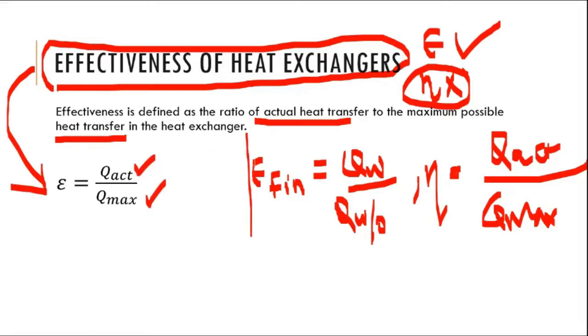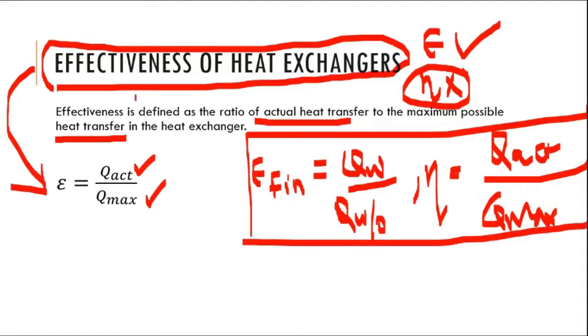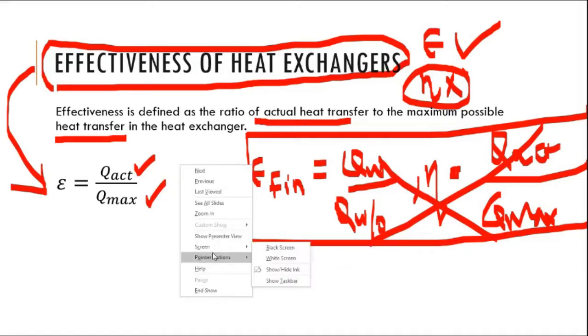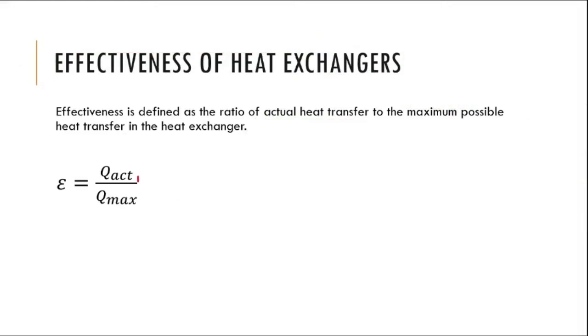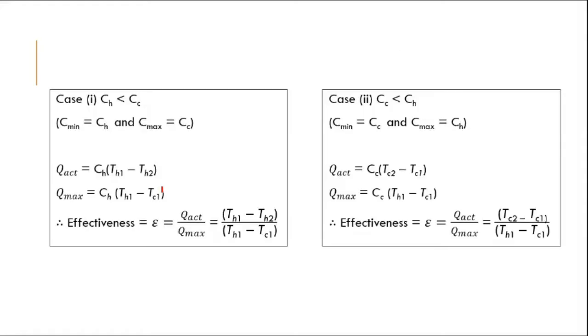It is not at all related with fins. So whenever this question is asked in the fifth module, do not bring Q with fin divided by Q without fin into the picture. Effectiveness for a heat exchanger is Q actual divided by Q max. Now we will see what these Q actual and Q max values are.